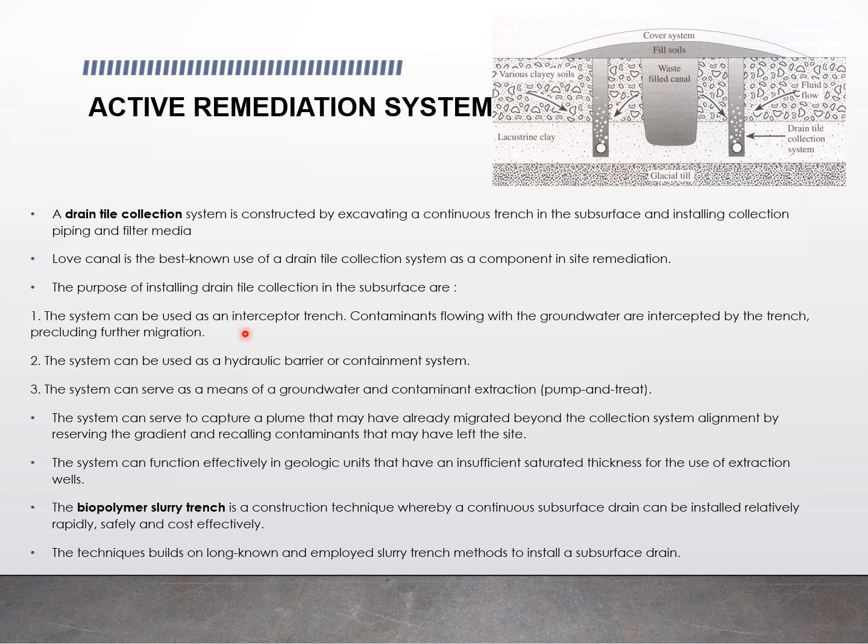Contaminants flowing in the groundwater are intercepted by the trench. And for migration control, the system can be used as a hydraulic barrier, and also for groundwater and contaminant extraction. The system can serve to capture a plume that may have already migrated beyond the collection system. The system can function effectively in geological units that have insufficient saturated thickness for the use of extraction wells.